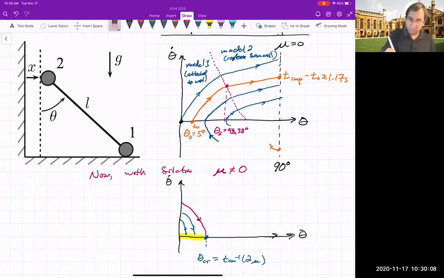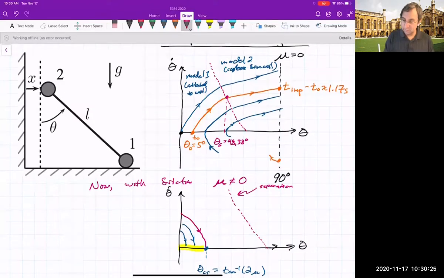It won't go up forever. In fact, there's still this frontier of points related to separating from the wall. It's this line of points that separates being in model 1 versus model 2, the attached to wall and then released from wall.